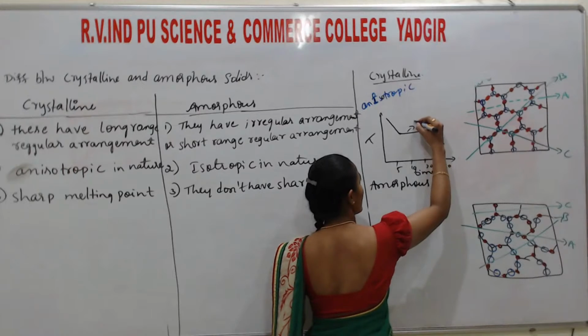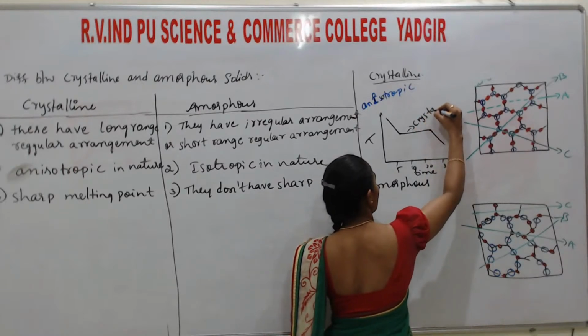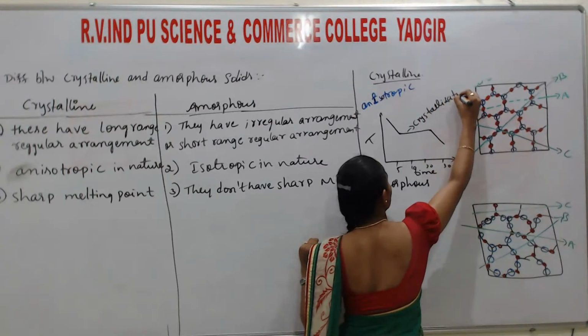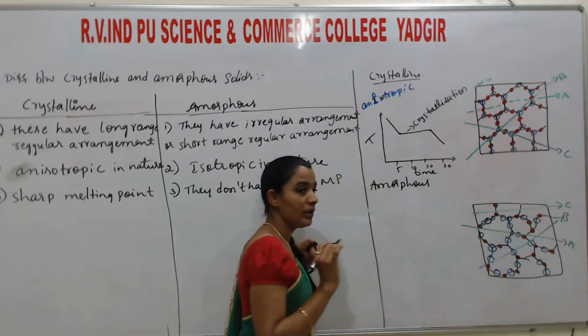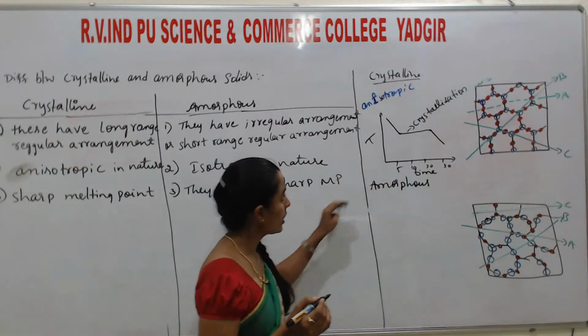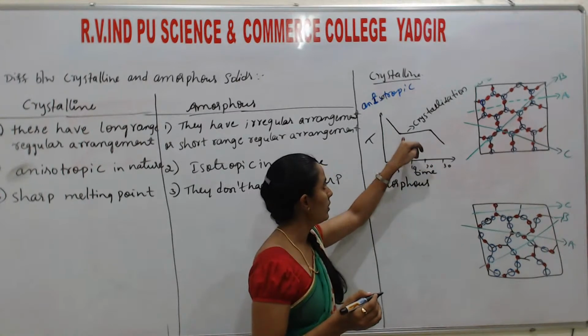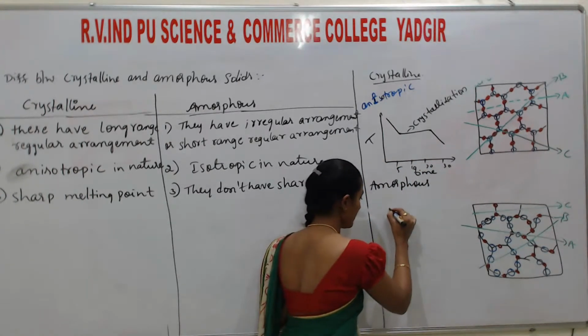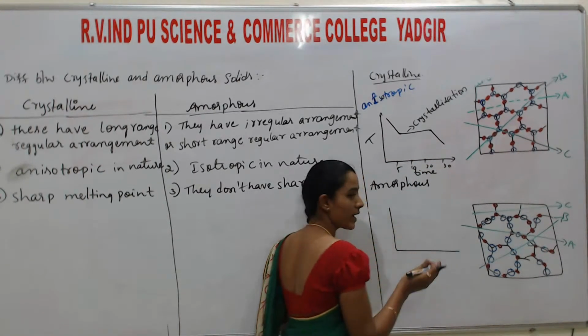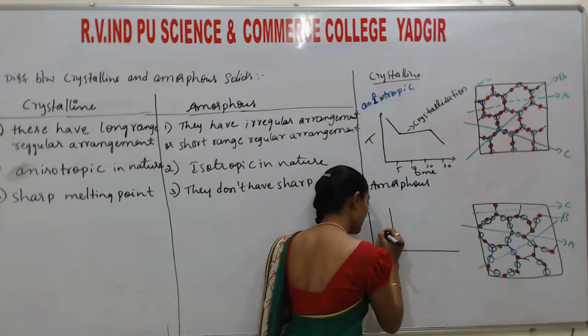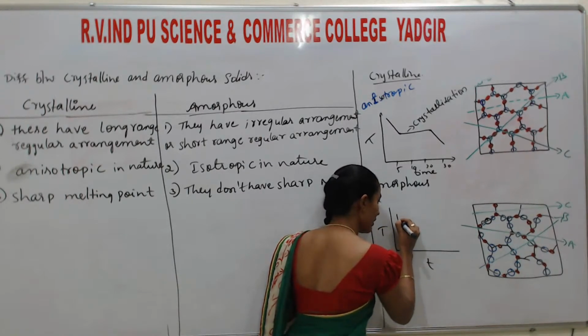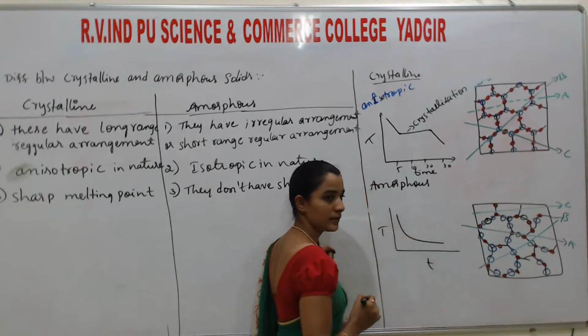This constant time is called the time of crystallization, where the complete liquid solidifies. So in this cooling curve, they have two breaks. Amorphous solids gradually melt, similarly the temperature gradually decreases.